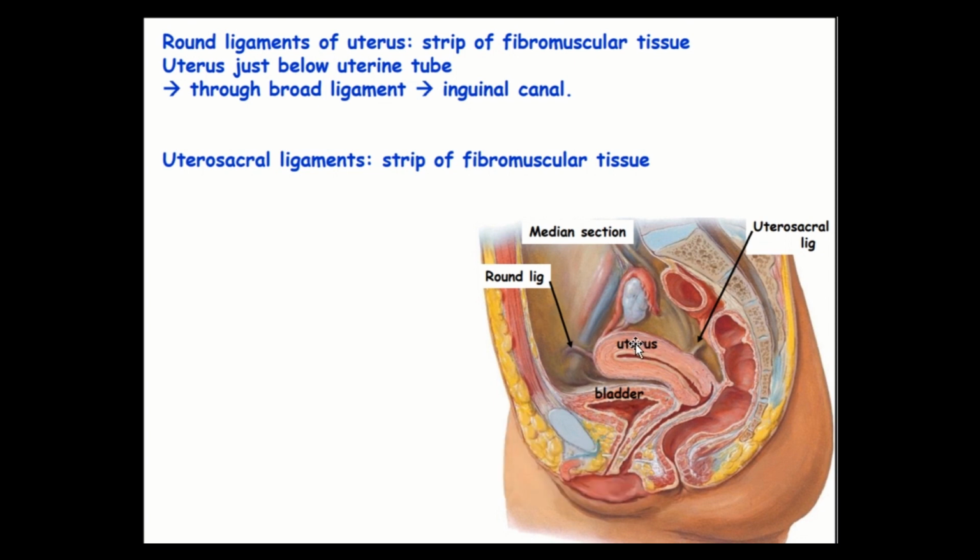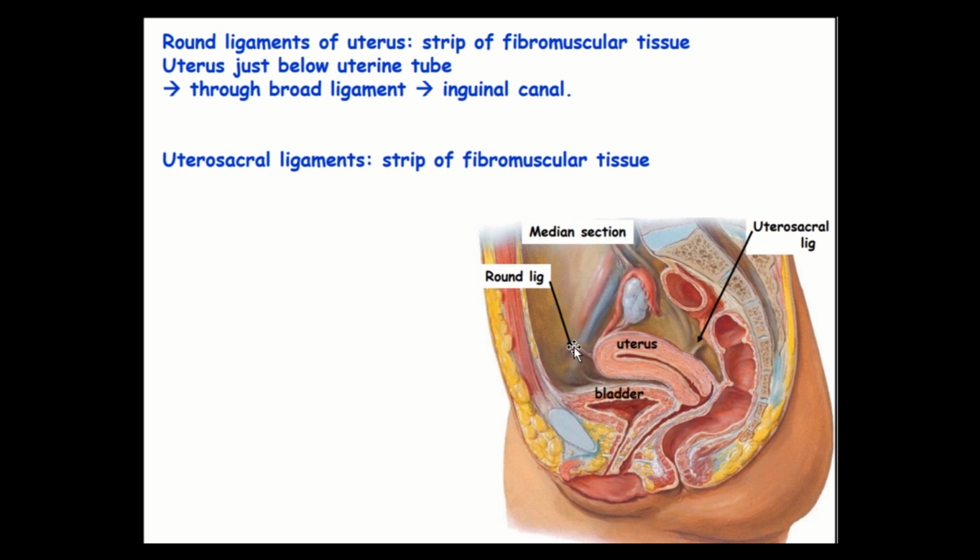So if you look over here, you can see that the inferior pole of the ovary is connected to the uterus with the help of this fibromuscular band. This is the round ligament of the ovary, and this round ligament of the ovary then continues as the round ligament of the uterus.